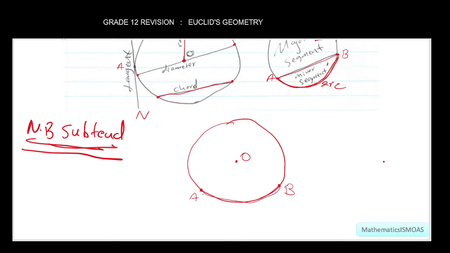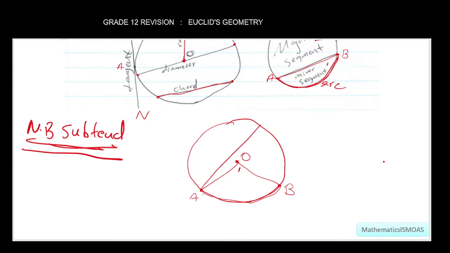That is what we mean by subtend. We have a straight line AO, another straight line OB. Then we say angle O1 is subtended by arc AB.